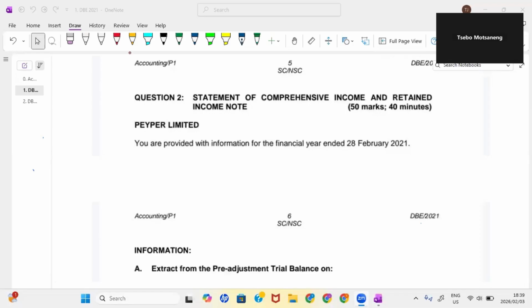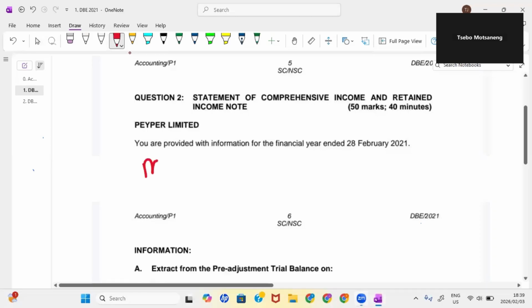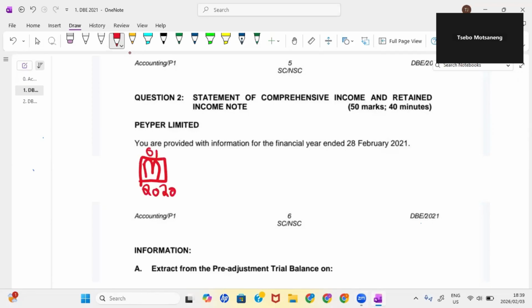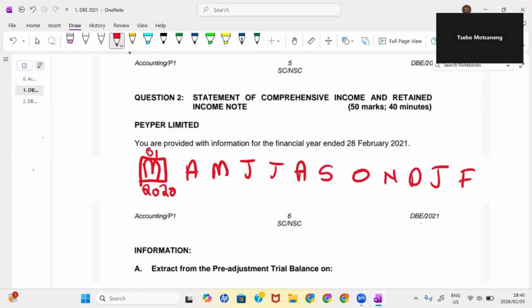So obviously the important thing, we must write when our financial year begins, which is the 1st of March 2020, to be specific. So we have March, April, May, June, July, August, September, October, November, December, January, February, until the 28th of February 2021.